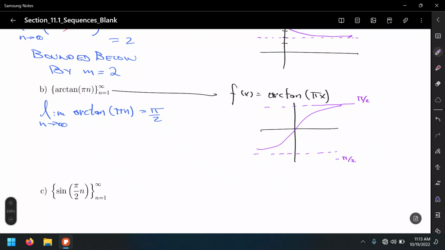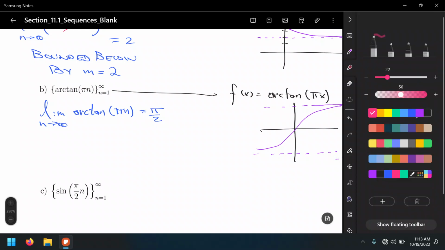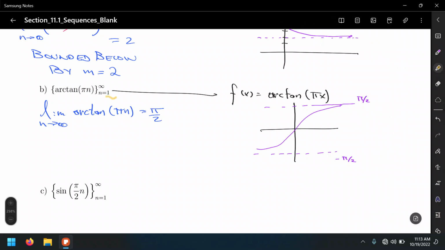However, the tricky part might be that we can list this as bounded both above and below. However, look at the region that we're interested in. We're only interested in the positive side of the function. We don't care about the negative side. So if we care about the positive side of the graph, that is for n equals 1 all the way to infinity, that part has an upper bound.